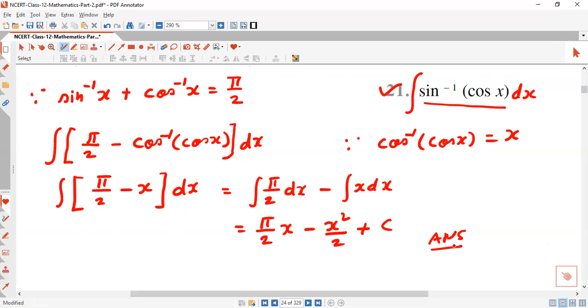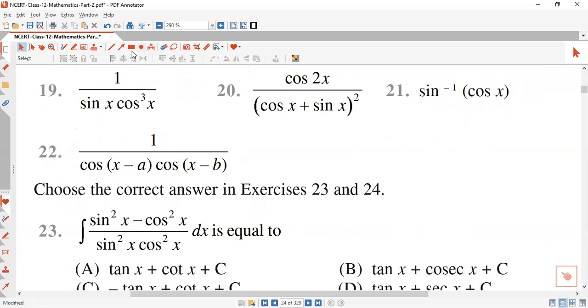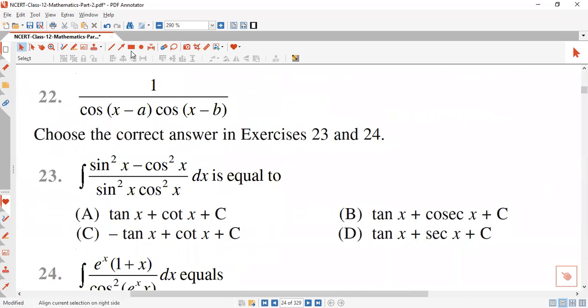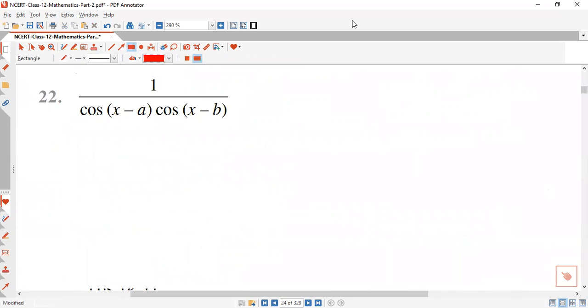Now, question number 22. In question number 22, you see that denominators are given to you, and I have to find the value.